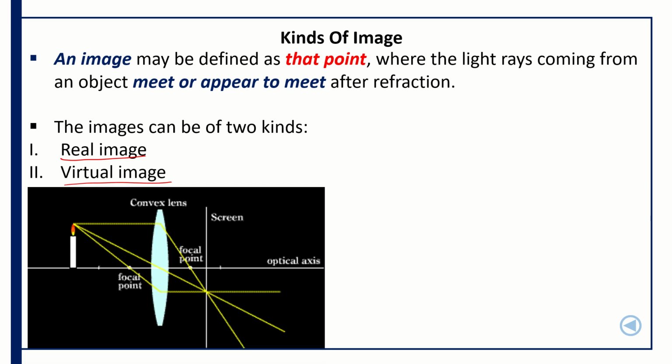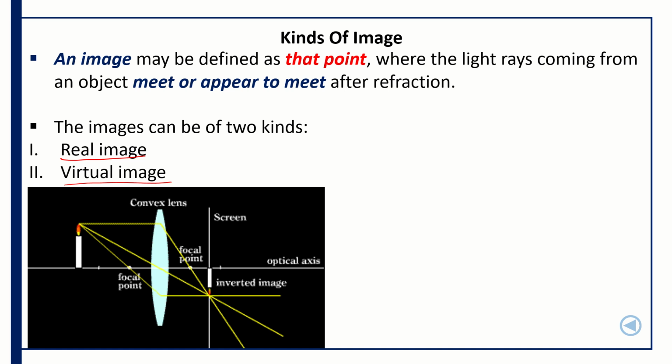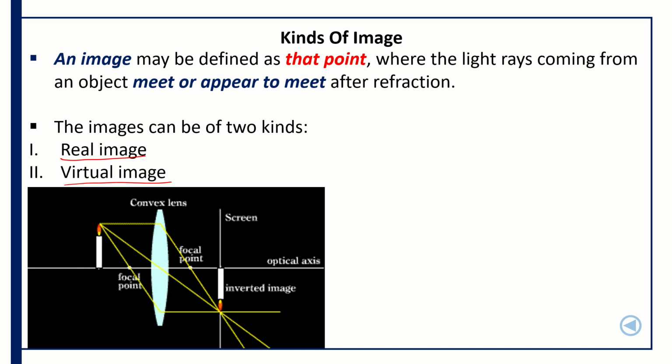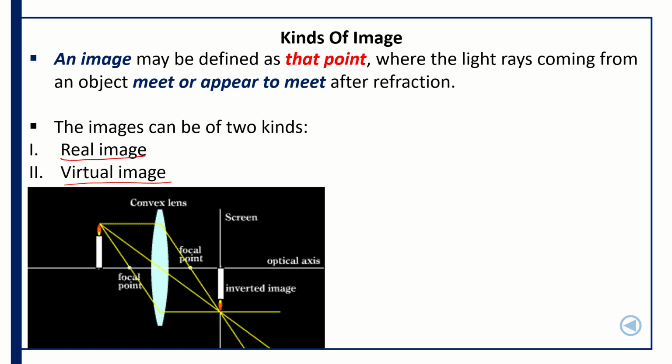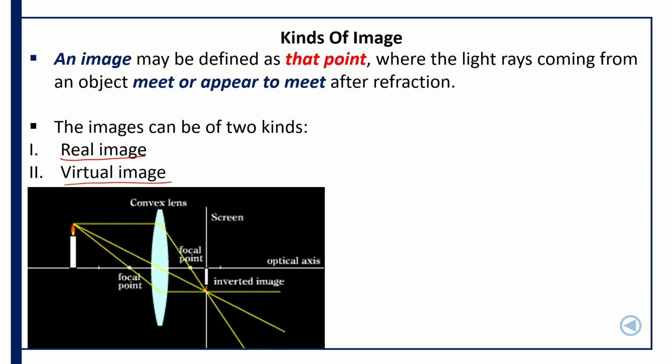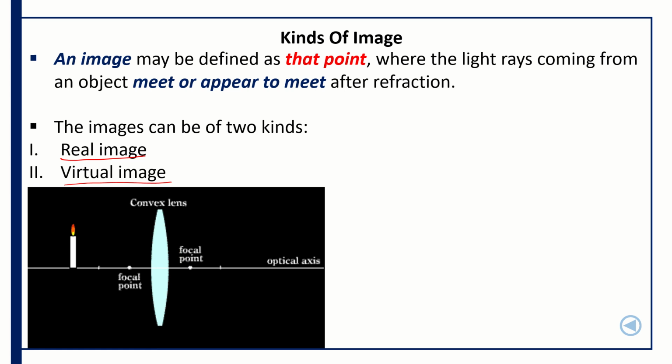So in case of convex lens, all three emergent rays are actually meeting at some point, and that point is creating the image, right? So that image we can take on a screen. We can bring those images on a screen. So those images are known as real images.